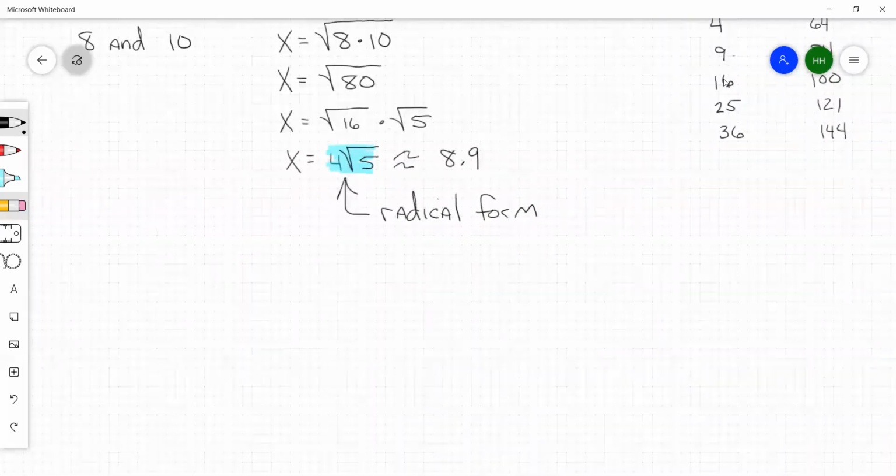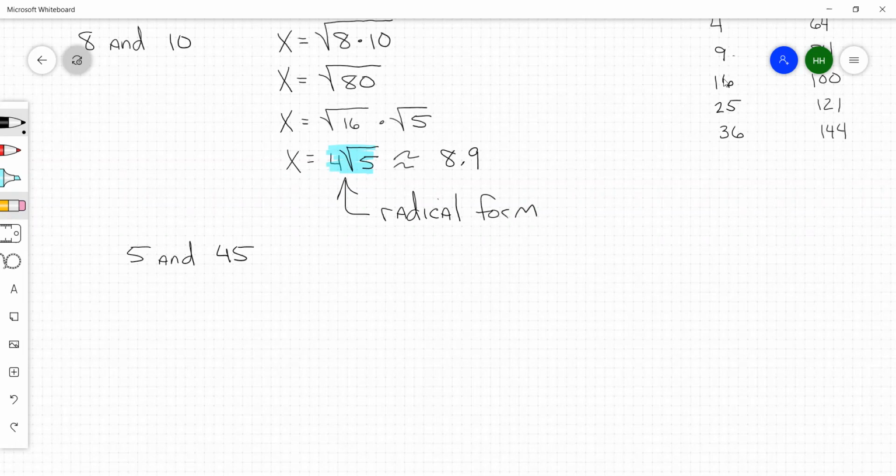Let's do 5 and 45. All right, so x is going to be equal to the square root of 5 times 45. So x equals the square root of 5 times 45, which is 225.